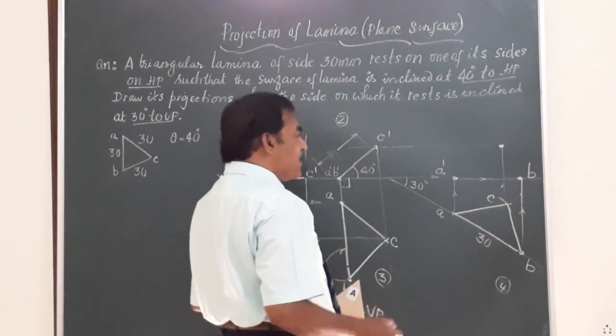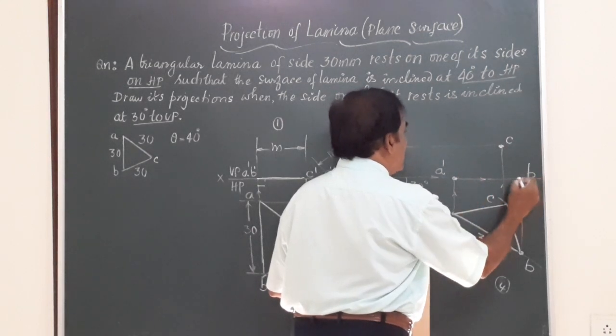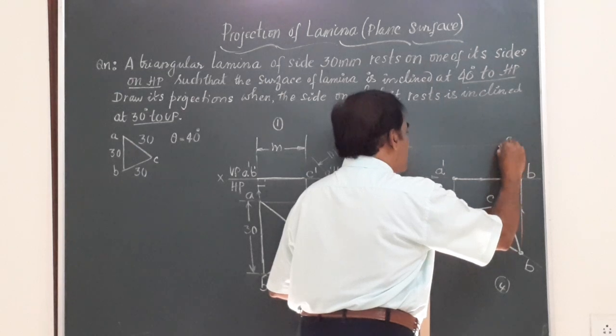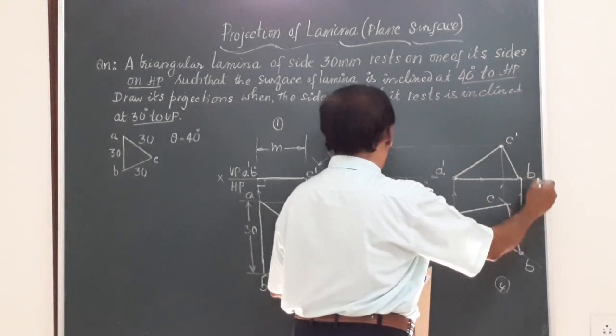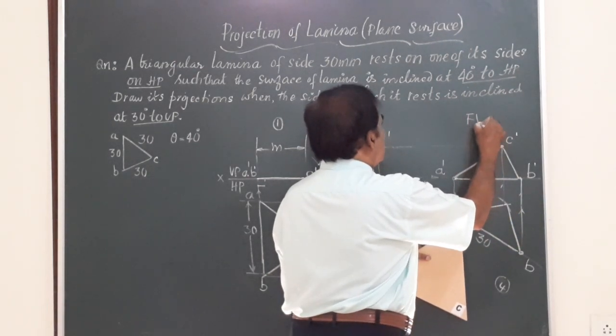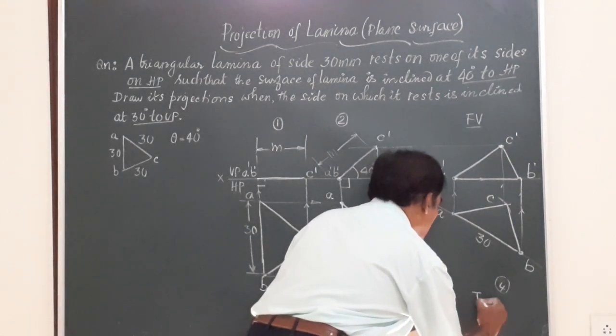So, we got all the 3 points required. So, this is C dash. So, we have got A dash B dash, this is B dash C dash and C dash A dash. So, I will join A dash to B dash, B dash to C dash and C dash to A dash. This represents the front view of the lamina and this gives you the top view of the lamina.